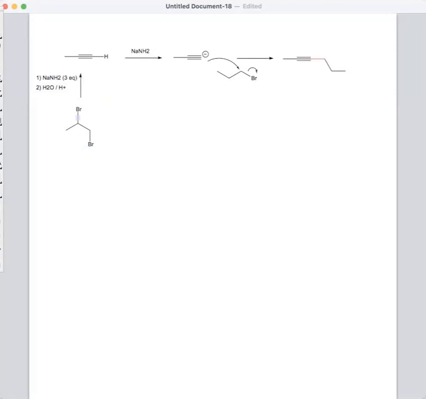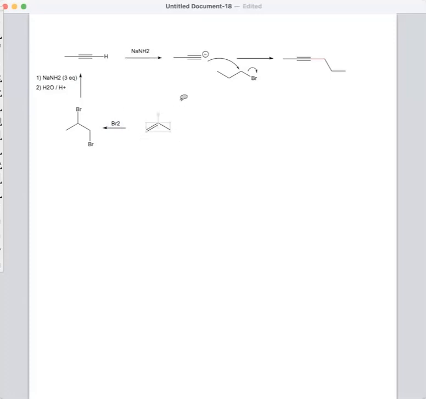Okay, how do we make a dibromoalkane? We just learned that a few minutes ago. We just need to do a bromination of an alkene. The bromonium bridge is the intermediate. We just discussed the reaction: stereospecific, anti-stereoselective, all these things.